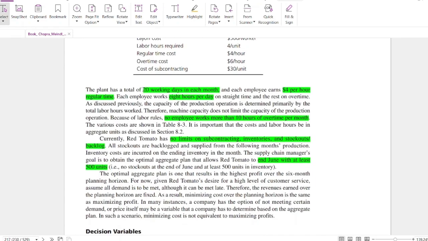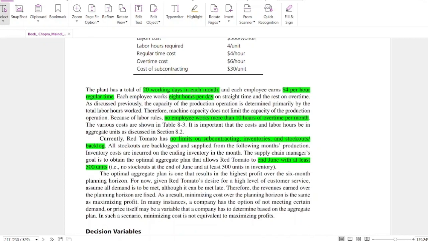The plant has a total of 20 working days this month, so every employee is working 20 working days every month. They earn $4 per hour, as given here, and every day the employees work for 8 hours.